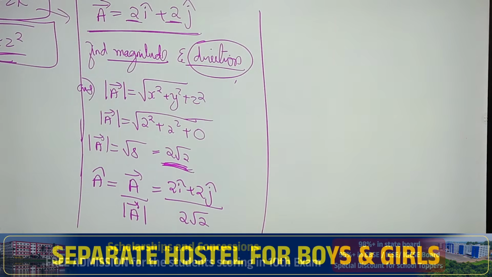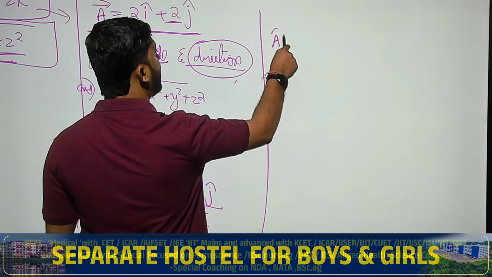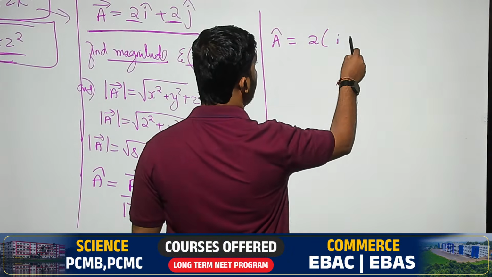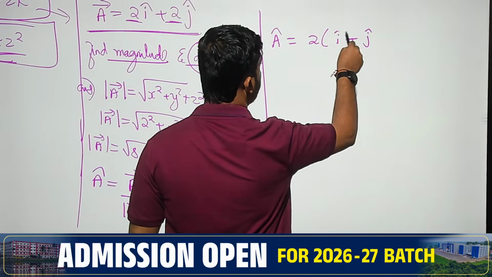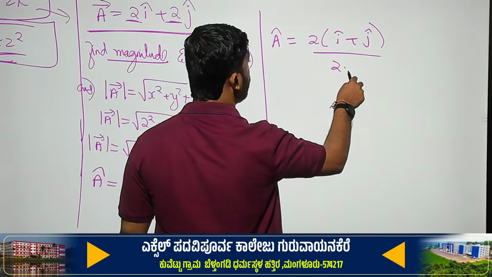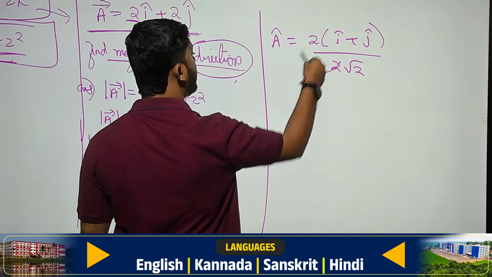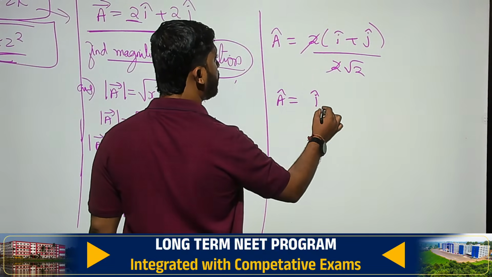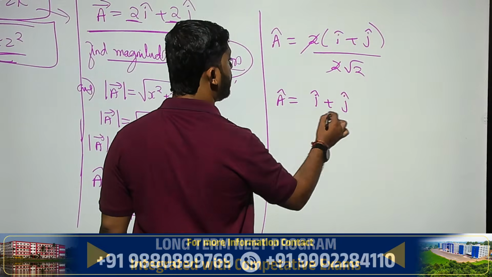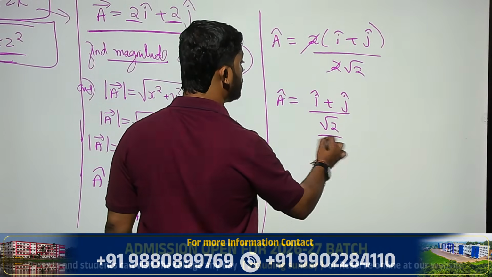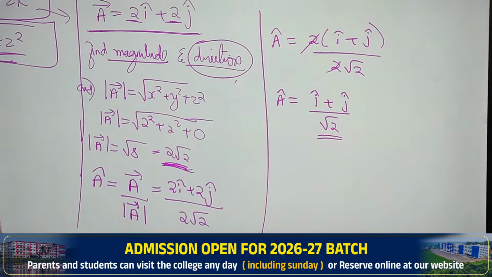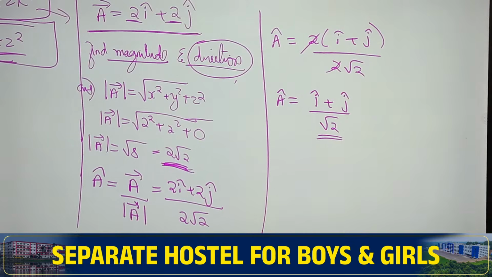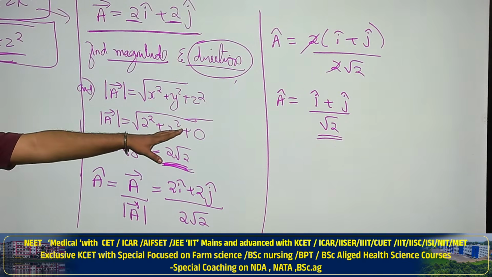So to simplify this, a cap is equal to, here 2 is common, i cap plus j cap, in the denominator we have 2 root 2. So 2 and 2 get cancelled. What is a cap? a cap is i cap plus j cap divided by root 2. This is the unit vector.